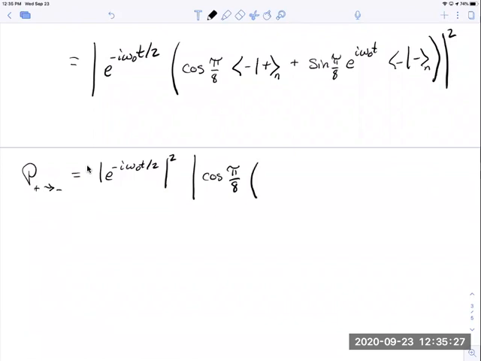And that, if you go back and look it up, is just sine of pi over 8, plus the sine of pi over 8 e to the i omega naught t times the overlap of spin down and spin down in the n hat direction. This is cosine pi over 8. Quantity squared. Well, then there's still more rejoicing. Woohoo! Okay, I think I picked up a negative sign here. Should be a negative sign.